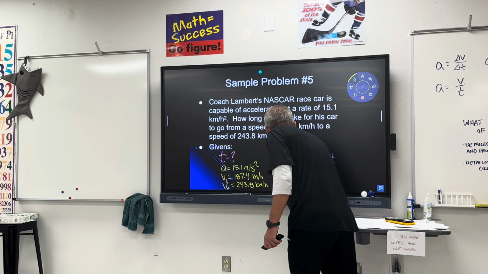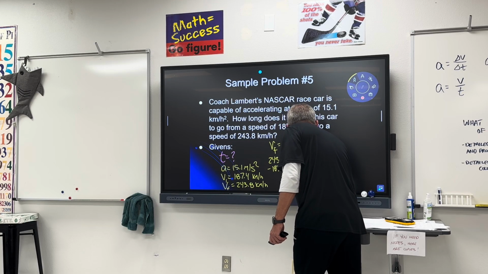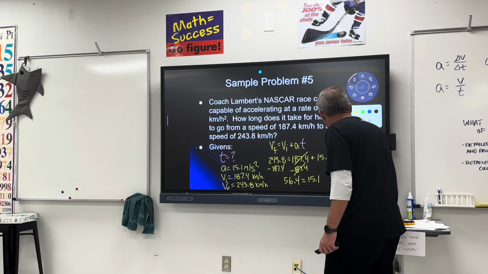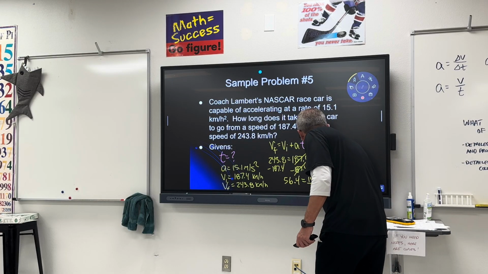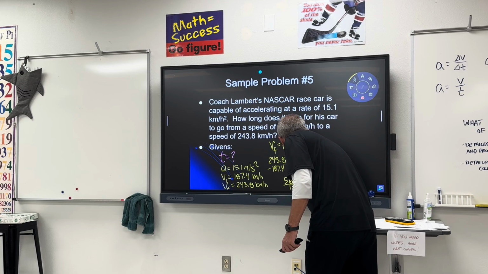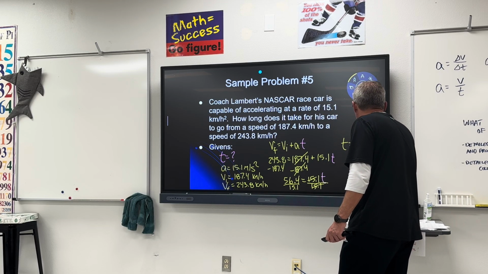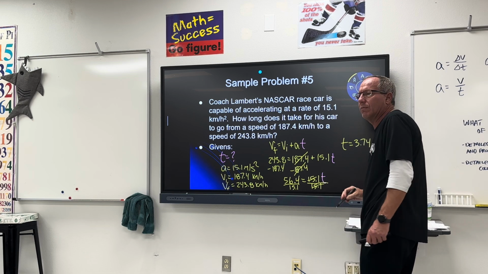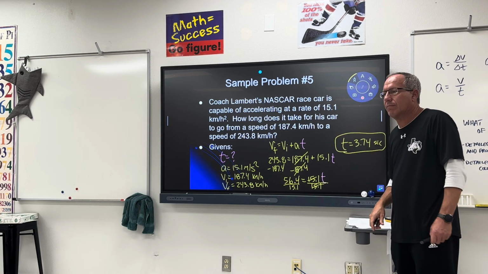That gives 56.4 equals 15.1 times time. We divide both sides by 15.1. Time equals 3.74 seconds. Is that right? Always try to box in your answers.